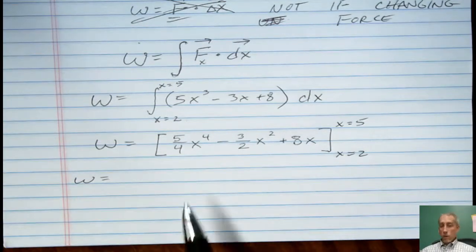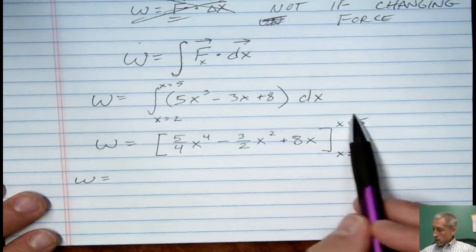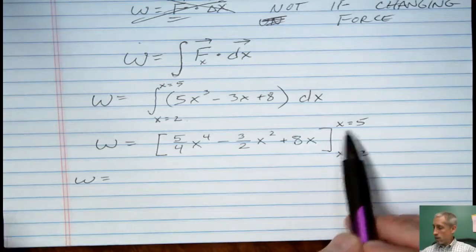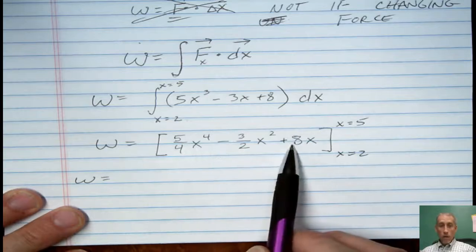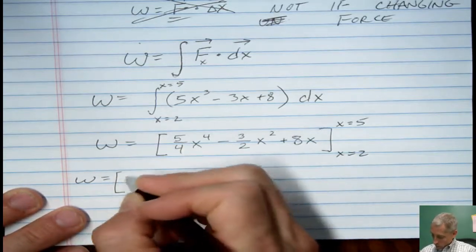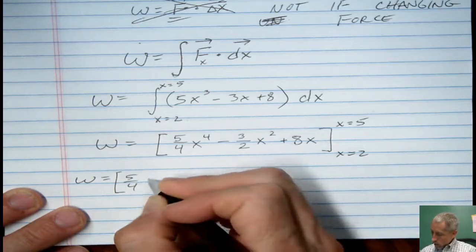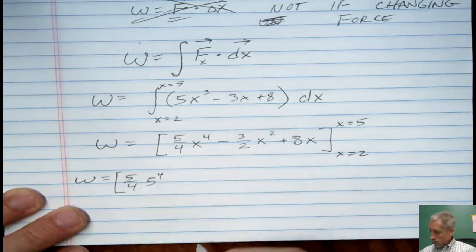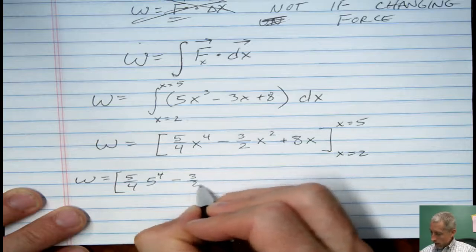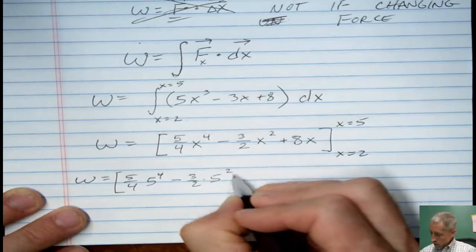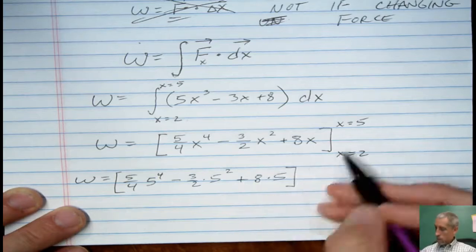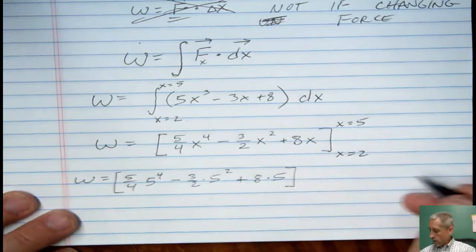So now what? Now we plug our upper bound, or upper limit, our final x value, into this function here. So this would be 5/4 times 5 to the 4th minus 3/2 times 5 squared plus 8 times 5. All I did was put 5 in for x, so x took the value of 5 for all of those.